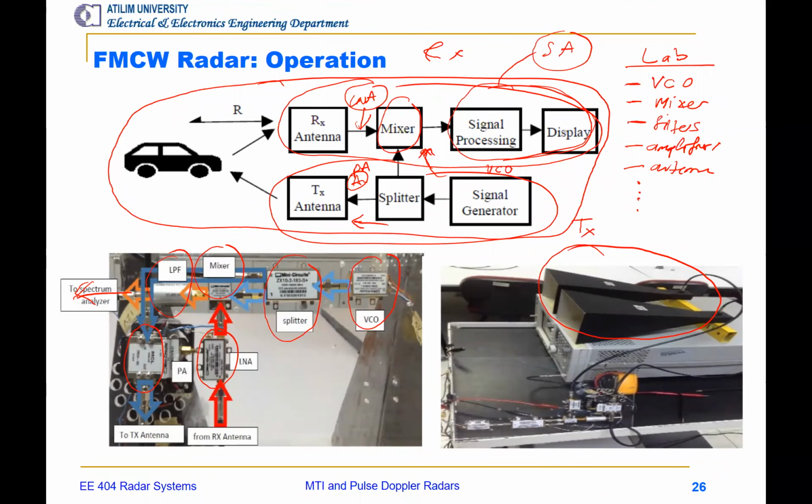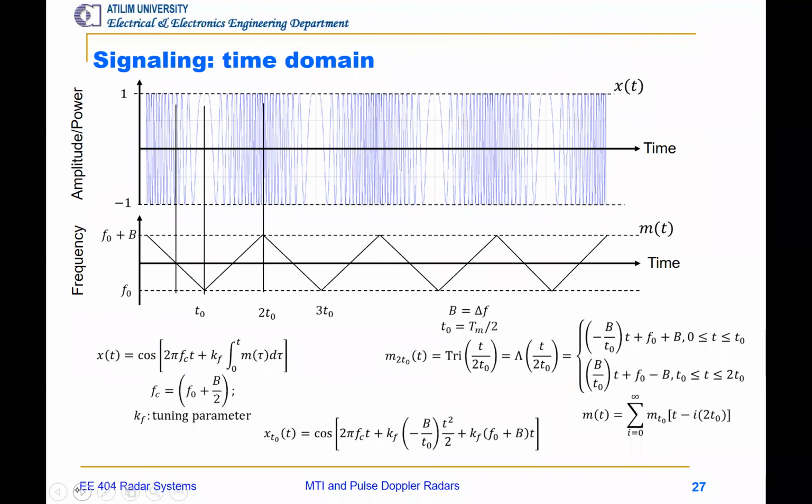Since there are too many objects in the laboratory, we expect too many scatter echoes from around, but still you will be able to see the target echo easily. When you increase the range, the target echo will become more difficult to see, but still up to about 15 or 20 meters, you can see the target echo. Okay, you'll build that radar anyway.